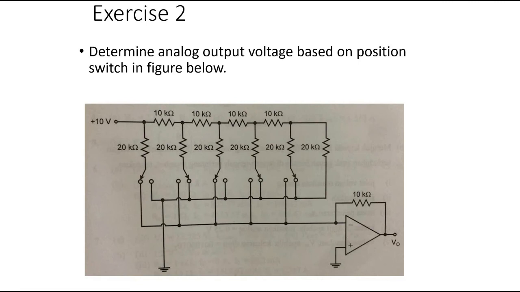Okay, kita pergi kepada last exercise kita. Determine the analog output voltage based on the position switching given below. Okay, so kalau kita tengok this figure, kita nak calculate Vout. Kita tahu equation Vout minus voltage resolutions multiply with digital input.